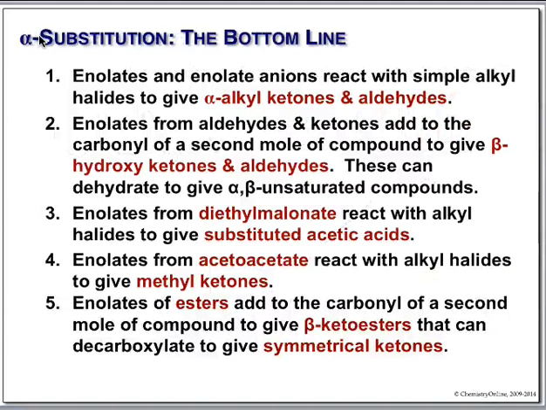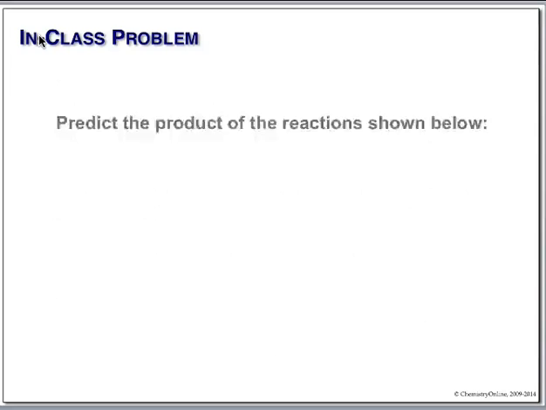Enolates of esters add to the carbonyl of a second to give beta ketoesters, dump it into acid, and you get symmetrical ketones. These are the 5 things you need to remember for these 2 chapters. So let's just wind this up quickly with 3 simple reactions.